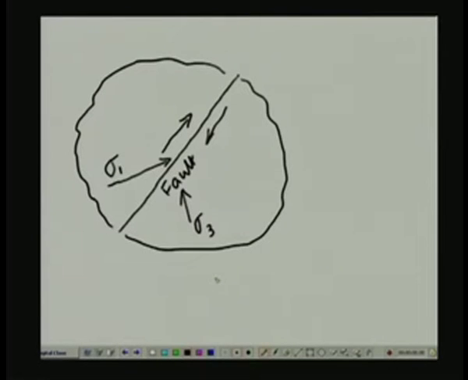Okay, now we are going to look at an example of a plane strain problem.